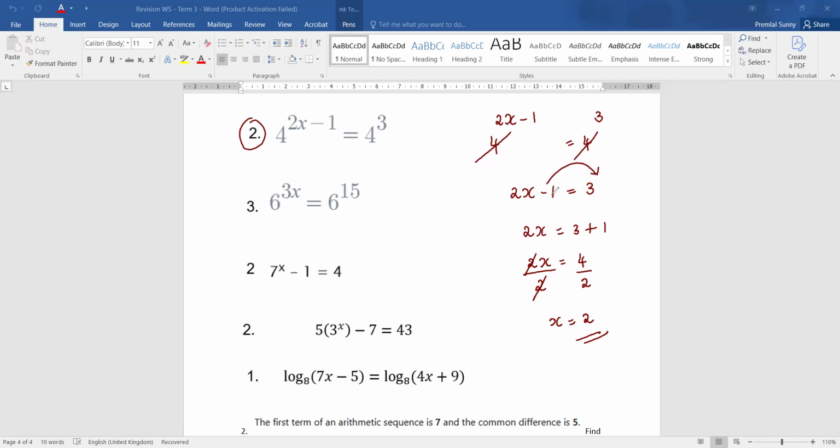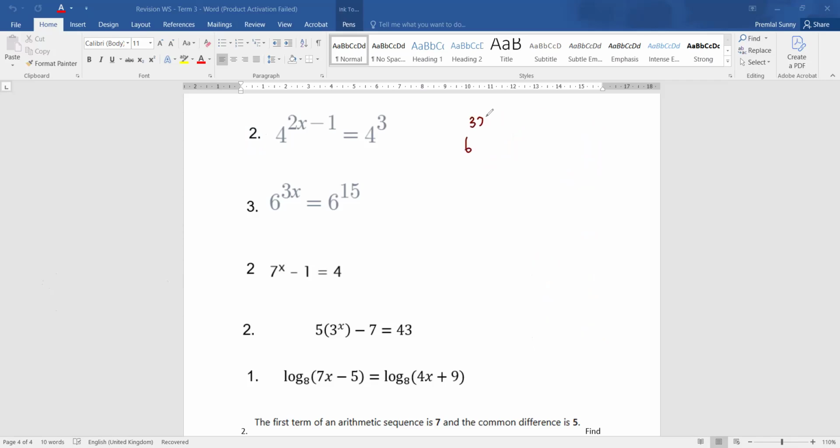So minus 1 is a number, take it to the right hand side, it becomes positive 1. So 2x is equal to 3 plus 1, which is 4. To remove that 2 which comes along with x, you divide both sides by 2. We get x is equal to 4 by 2, which is 2. Let's move on to the next question here.